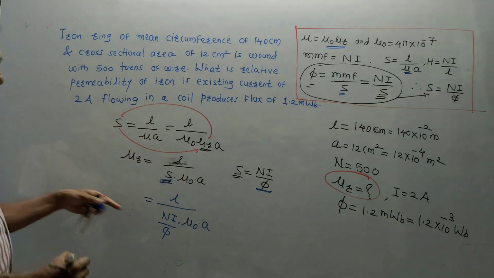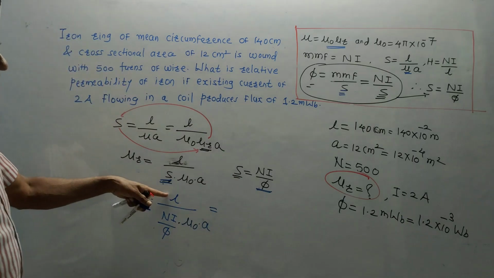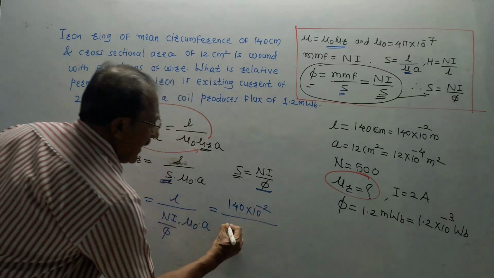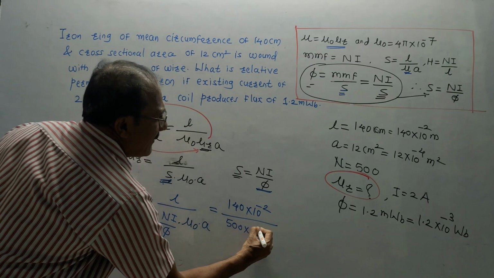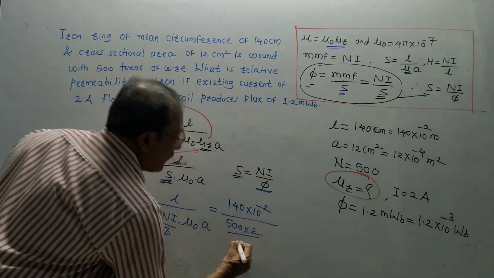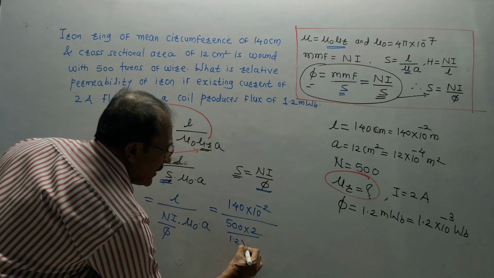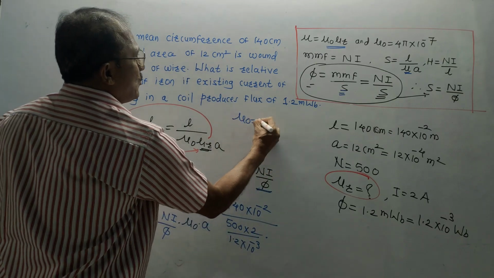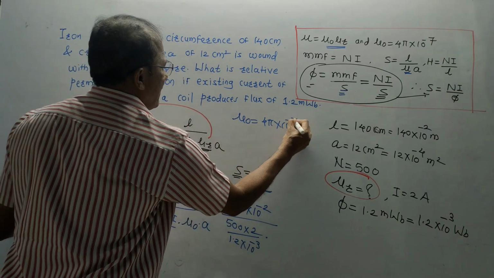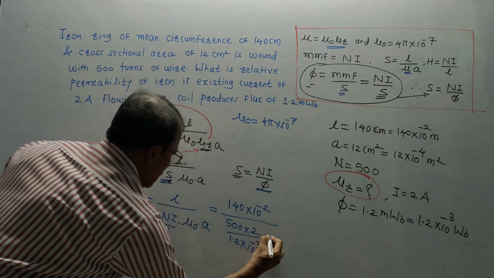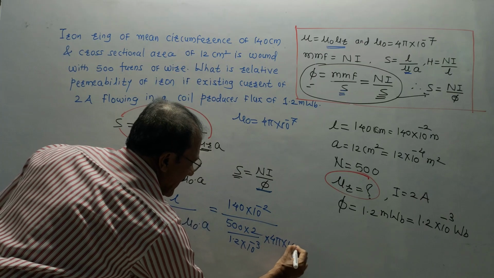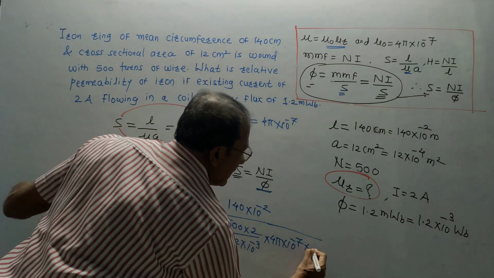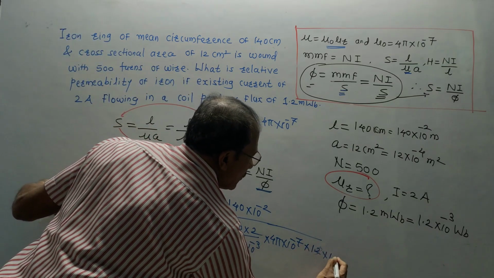So before solving, we will just put the values. L, value of L is 140 into 10 raised to minus 2, upon N, number of turns 500, into current 2 amperes, upon phi, flux is 1.2 into 10 raised to minus 3, into value of mu 0, as we discussed in the last sum, mu 0 is constant, it is 4 pi into 10 raised to minus 7, into A is 12 into 10 raised to minus 4.